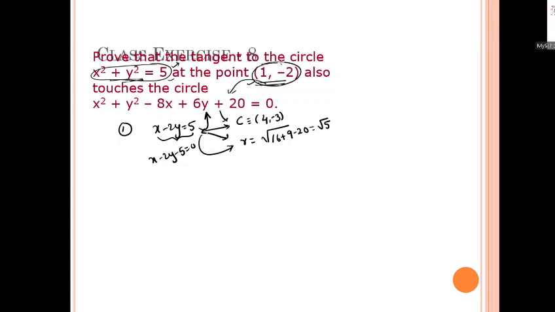Yes or no? Yes, sir. So देखिए perpendicular distance match होगा या नहीं? Perpendicular distance P is equal to 4 plus 6 minus 5 by root 5. So is it turning out to be root 5, which is equal to radius?